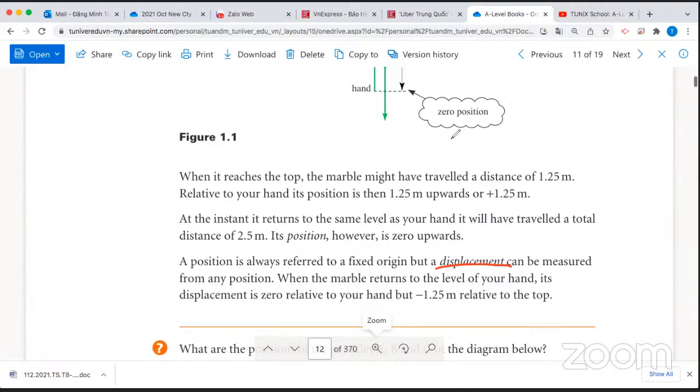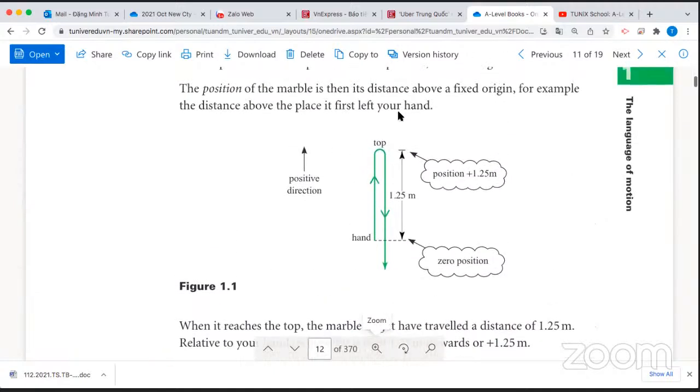Distance is the total path, the sum of all the distance by the object. Okay. Here, for example, I can show you on the graph, on figure 1.1. Look at this one. The distance is the total of the length here.